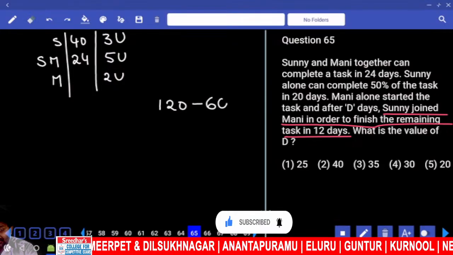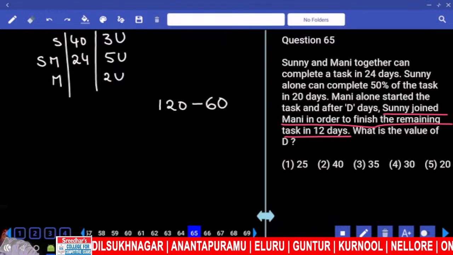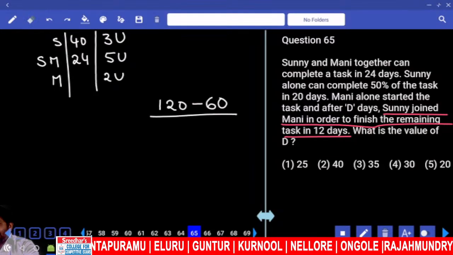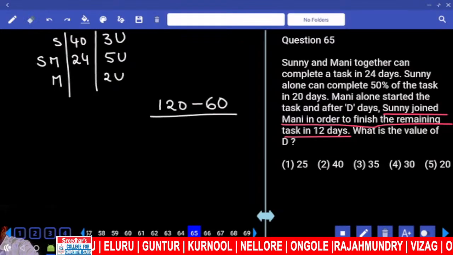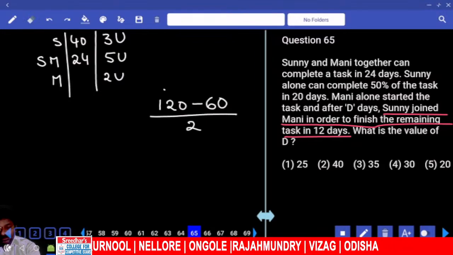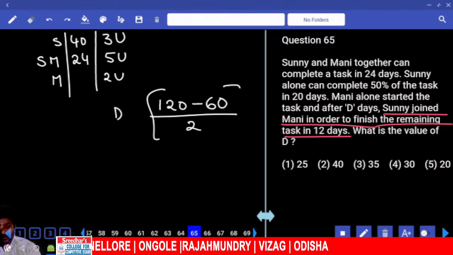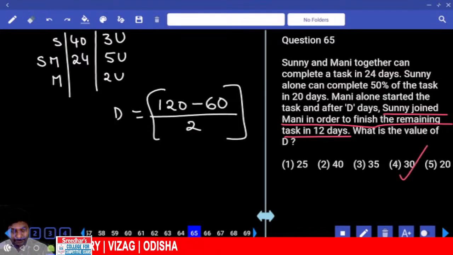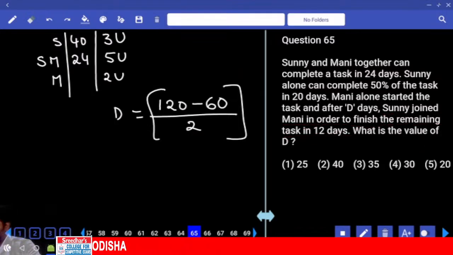If the work which is done by both together, Sunny and Money, is subtracted, this is the leftover work which is actually done by only Money. Money per day does 2 units. Then D value is equal to the work which is done by Money alone, 60 units divided by 2. Answer 30. Clear?